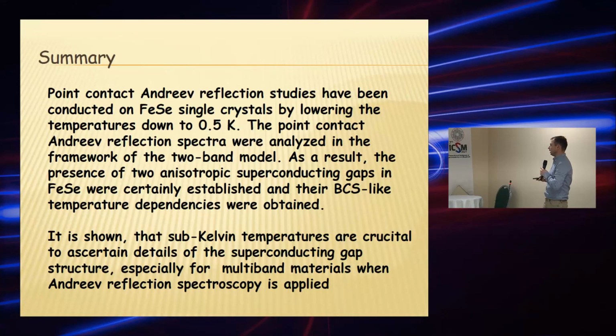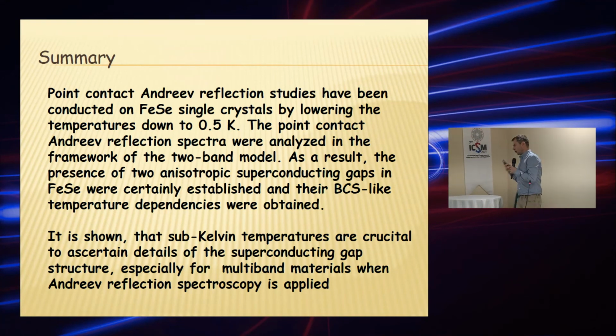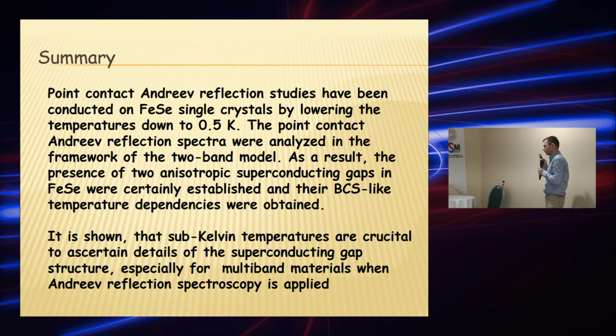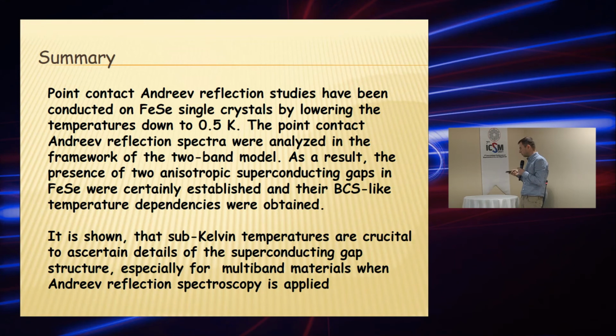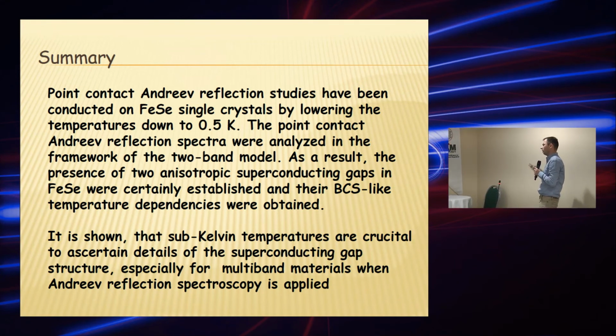With this, I want to summarize the talk and say that we managed to get nice Andreev spectra at sub-Kelvin temperature, which shows that it is possible to fit it only within the two-gap models. More likely, it is anisotropic, which corresponds to two anisotropic gaps, which very nicely correspond to STS data and ARPES data.